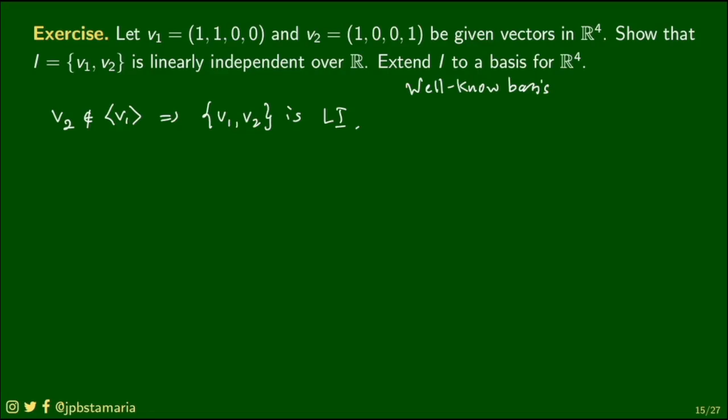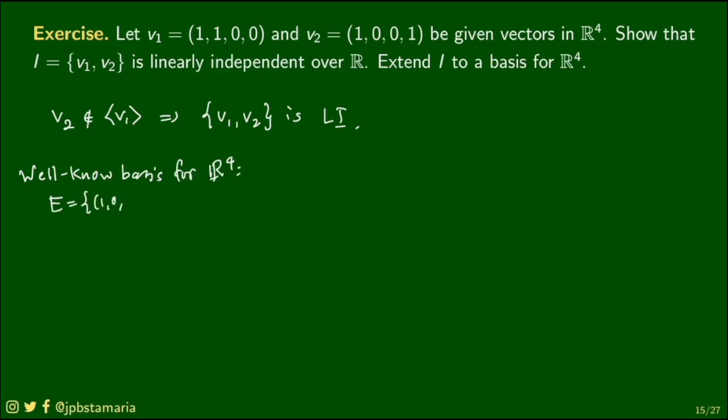So let's write it here. A well-known basis for R4 is typically the standard basis: 1 0 0 0, 0 1 0 0, 0 0 1 0, and 0 0 0 1. So this is the standard basis for R4.